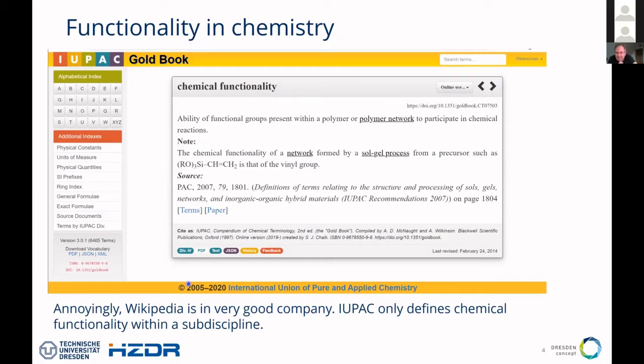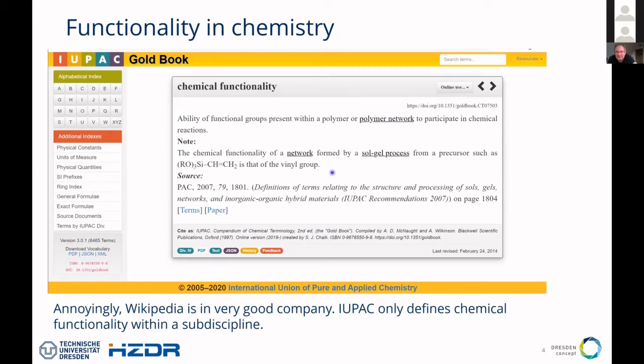There's no main entry on chemical functionality. And even there, we have the same situation. Wikipedia has basically very good company. IUPAC only defines chemical functionality by the presence of groups. For example, the chemical functionality of a network formed by a sol-gel process from a precursor, such as whatever, is that of the vinyl group. Okay, so that's a bit weird.